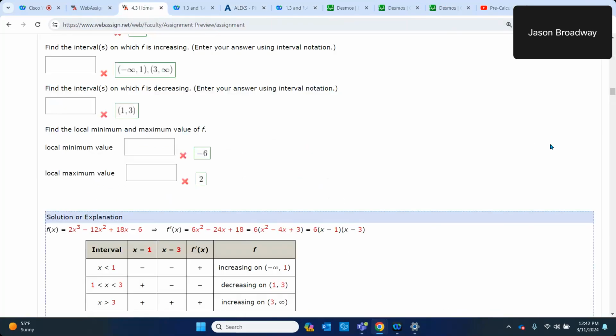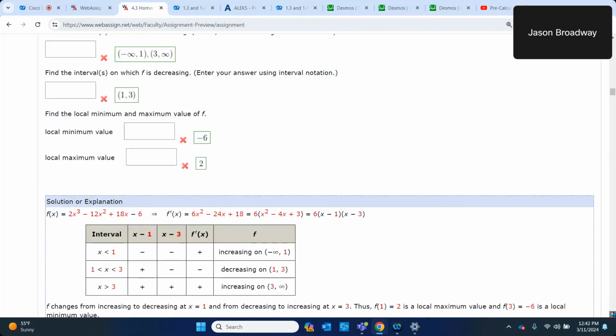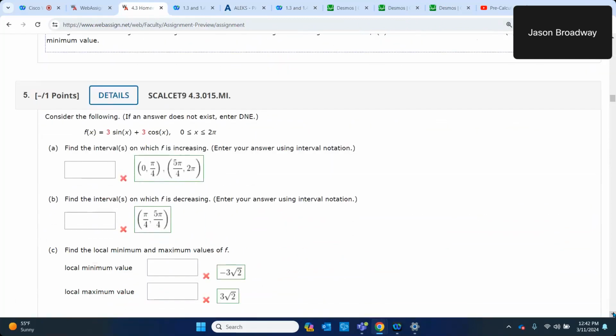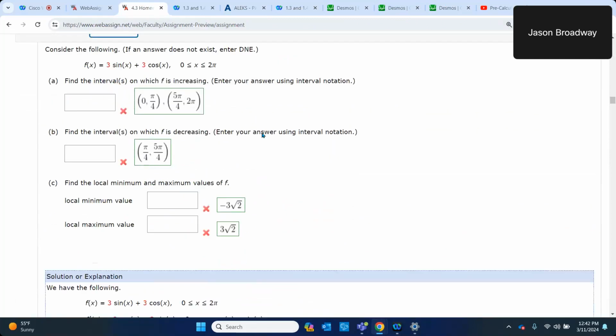So coming on back. Now let's look at this function. Wait, before I do that, let me just come back to Desmos.